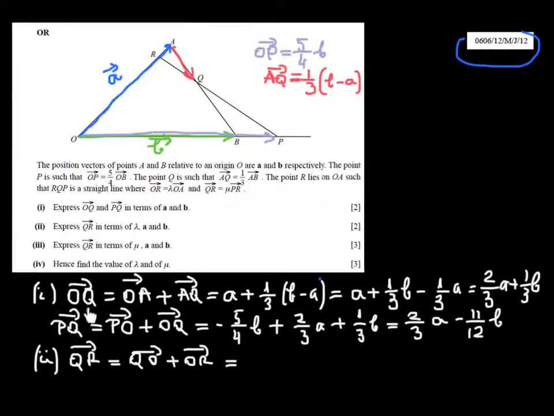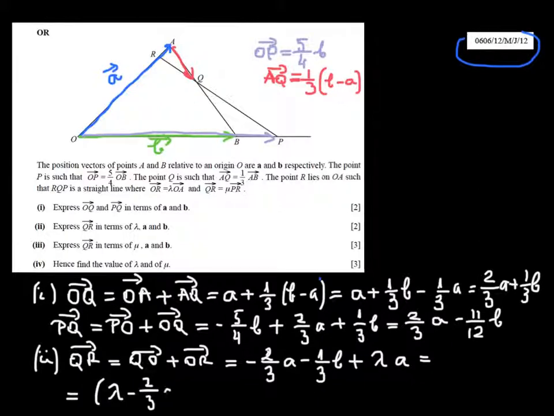We just found OQ, so QO will be negative 2/3 A minus 1/3 B, plus OR, and OR is lambda OA. So I get lambda minus 2/3 A minus 1/3 B.